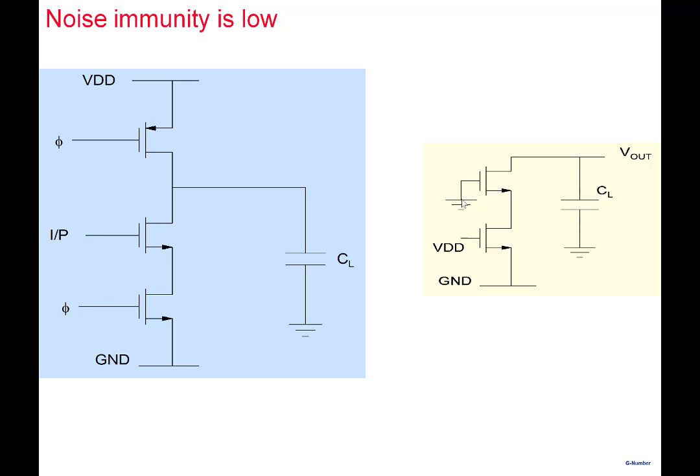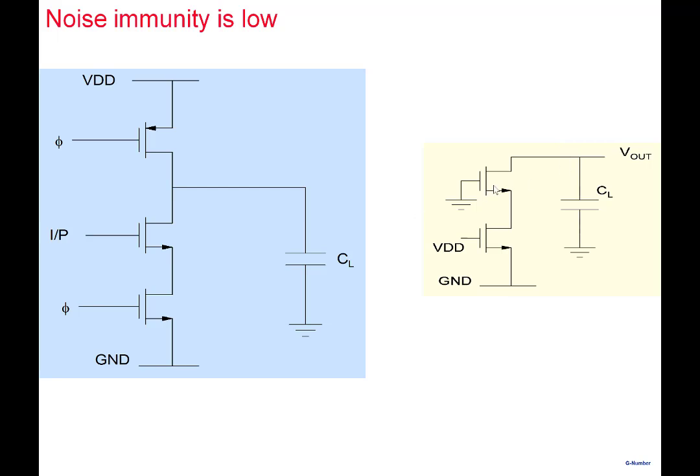Not only that, note that if there's a noise on this particular ground line, and our threshold voltage is 1 volt, so if the noise here rises to 0.4 or 0.5 or 0.6, the leakage here increases significantly. And then the capacitor begins to discharge. So you want it to remain high as logic 1, but the charge leakage may cause it to deviate from a normal one. It may even go to an incorrect logic value here.